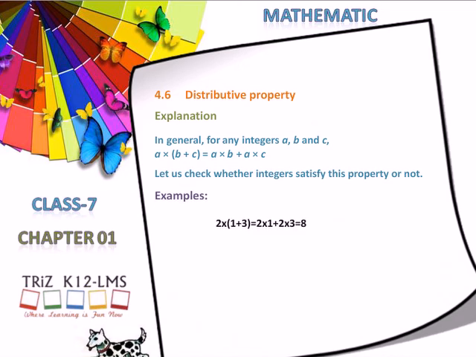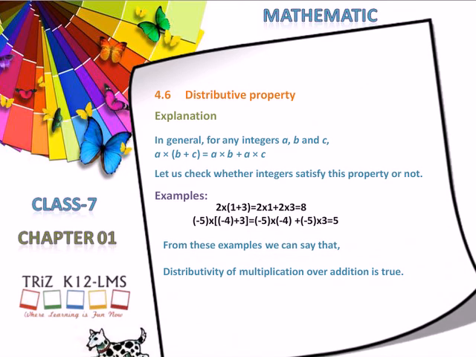Examples: 2 × (1 + 3) = 2 × 1 + 2 × 3 = 8. -5 × (-4 + 3) = -5 × -4 + -5 × 3 = 5. From these examples, we can say that distributivity of multiplication over addition is true. Similarly, distributivity of multiplication over subtraction is also true.